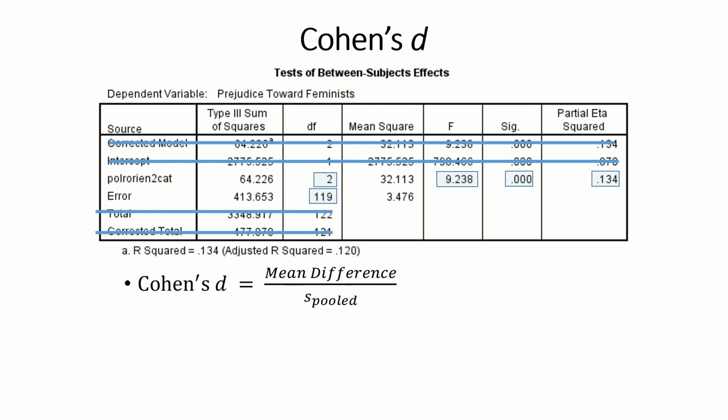If you remember correctly from the last unit, S pooled means that we are pooling the standard deviations for the independent groups. We're calculating an average, in this case a weighted average, of the independent groups' standard deviations.